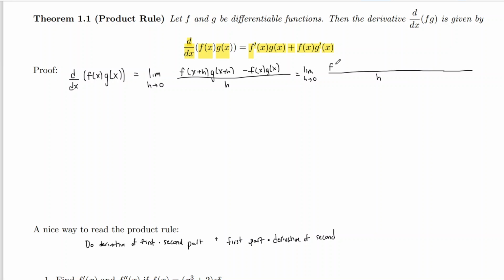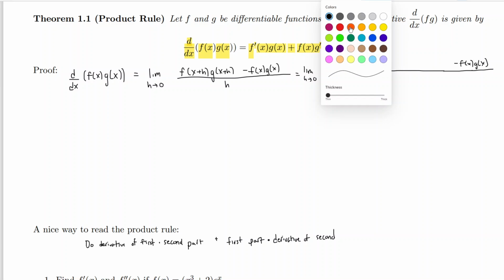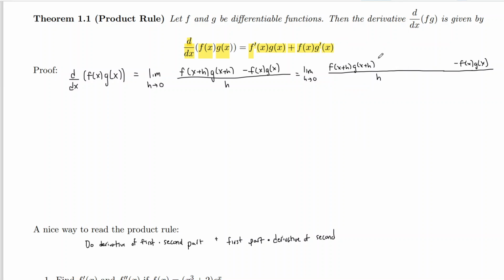So what I'm going to do is take the first part, the f of x plus h, g of x plus h, leave it in the front, and I'm going to write f of x minus f of x g of x in the back here. And what I'm going to do in between is add and subtract the same thing. If I add and subtract the same thing, it's like adding 0, which doesn't change our fraction, but it's going to help us figure out the derivative formula.